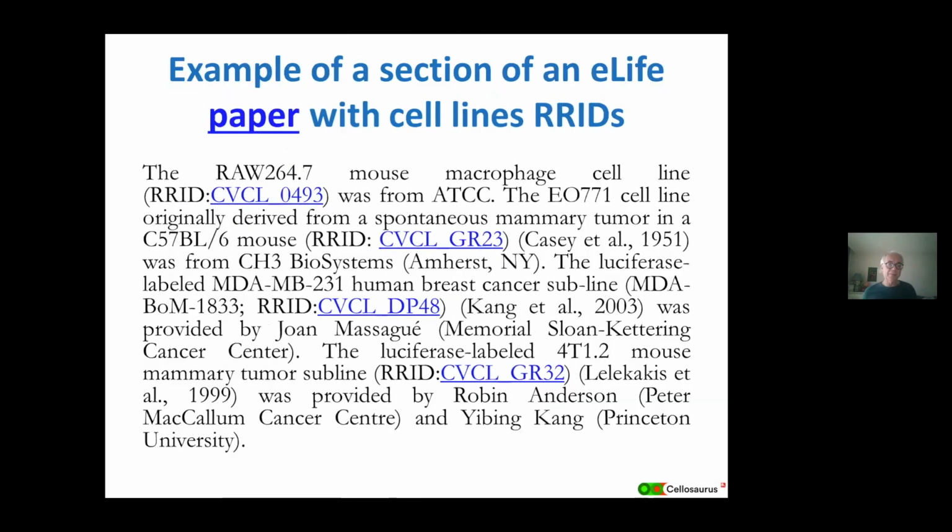Here is an example of a paper where the experimental section correctly mentions the different cell lines that they use. They do give the name of the cell lines. They say where they obtained them, like ATCC, or from another company, CH3 Biosystem. But then they do put the RRID of the cell line, which allows people to go back to the database and see what they used.